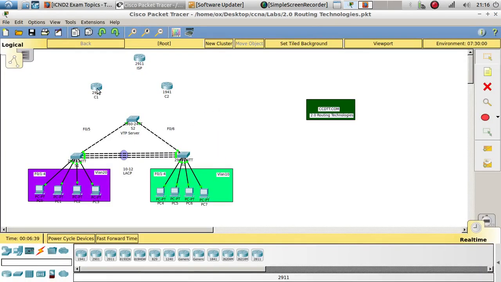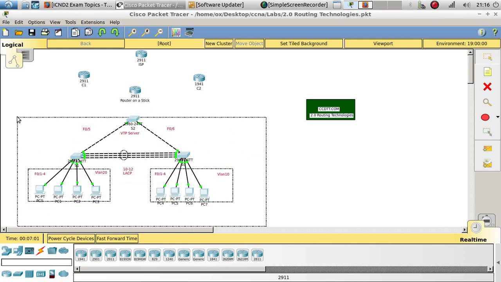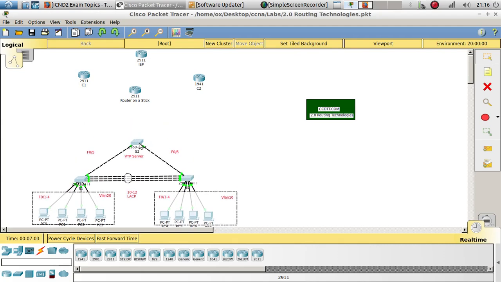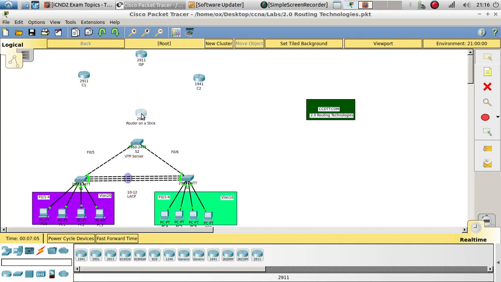So let's start with this network. First, what I actually want to do is add another router over here. This is going to be the router on a stick that we're going to configure. I'm doing it this way because you are going to see later when I do more configurations.